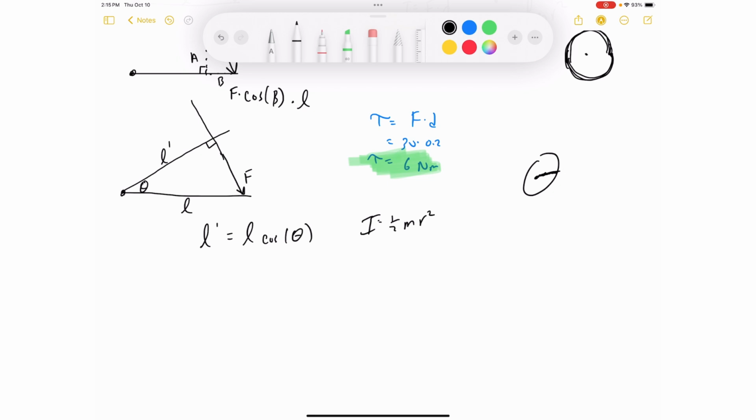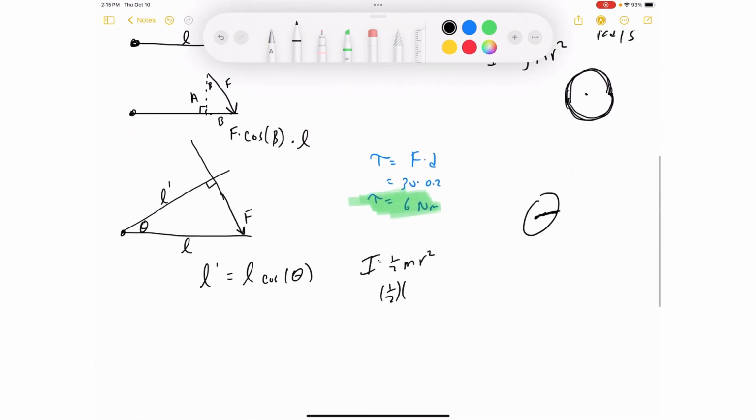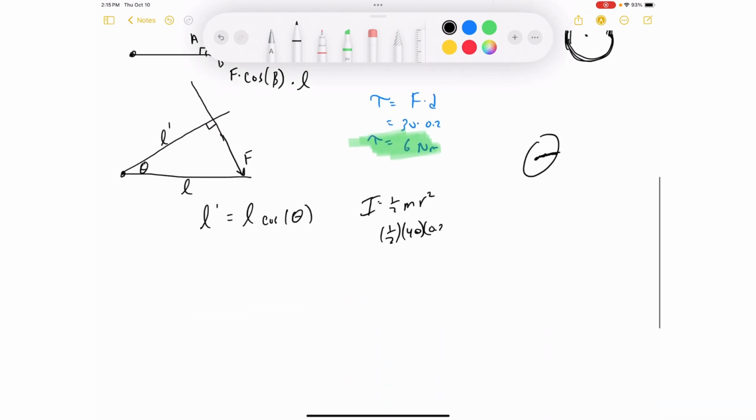M being the mass, which is 40 kilograms, and the radius is 0.2. So 0.2 squared, and if you do all that math, it's 0.8. And so that is the moment of inertia.